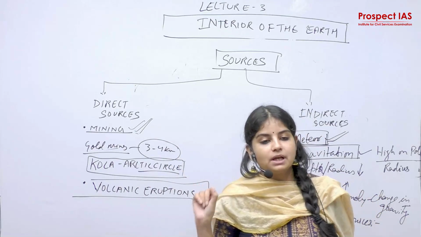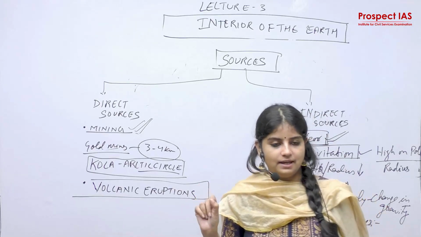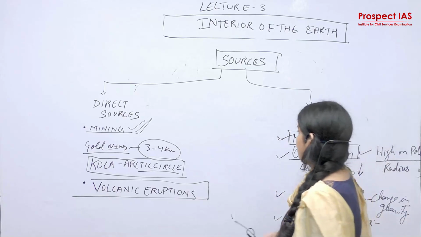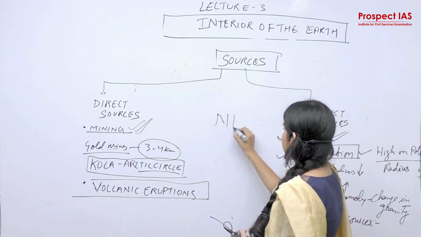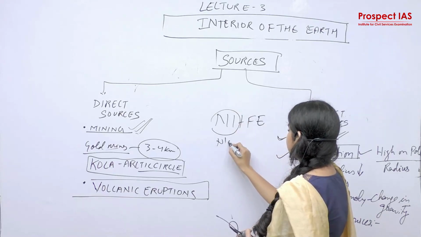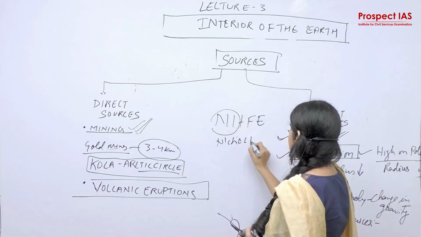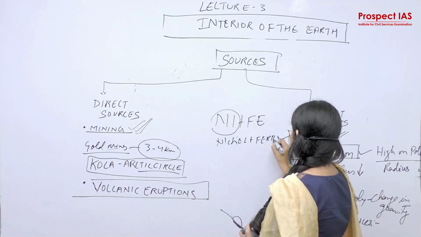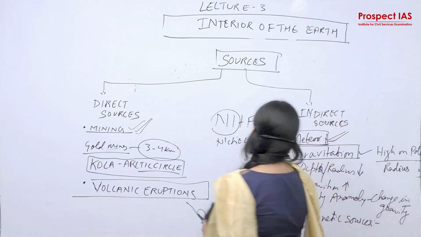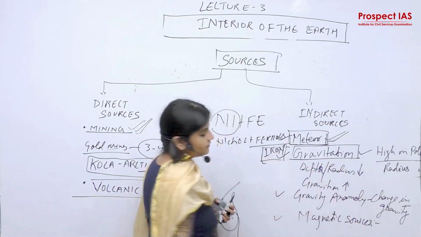And because of the composition NiFe, N-I-F-E, core consists of Ni-Fe, which means nickel and ferrous, which means iron. So if it constitutes iron, similarly it has some fields of magnetism.